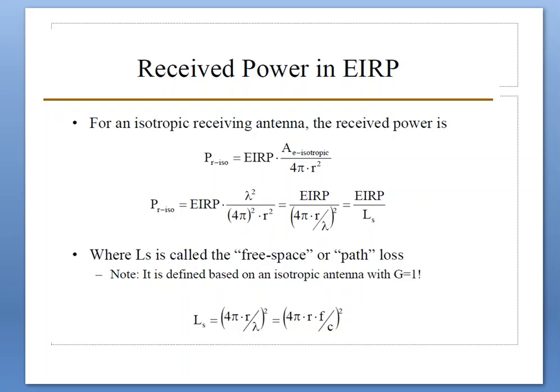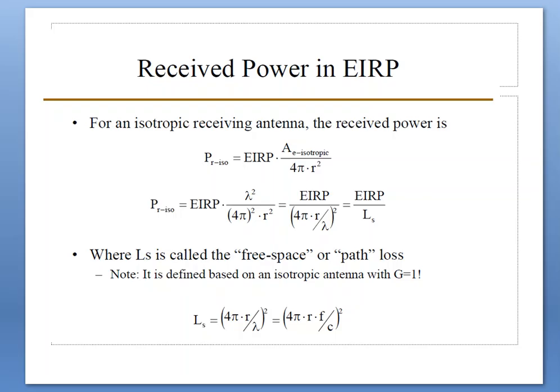The above equation states that the power received by an isotropic antenna is equal to the effective transmitter power reduced only by the path loss. When the receiving antenna is not isotropic, we replace the effective area with G times lambda square by 4 pi in the equation. It gives a new expression: the received power P is equal to EIRP G lambda square by 4 pi r whole square, that is equal to EIRP GR by LS.